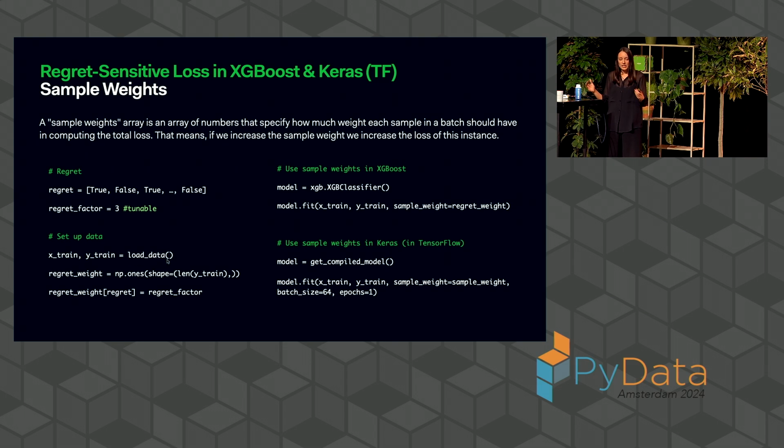Let's assume we have our training data, X-train and Y-train, and now we create a regret weight array that we populate with ones, and then override this array with the regret factor for all the samples that fell into the regret node. And this regret array we can just simply pass to a training. For example, in XGBoost, we have now set up our XGBoost classifier, and we can just pass this sample weight to the model.